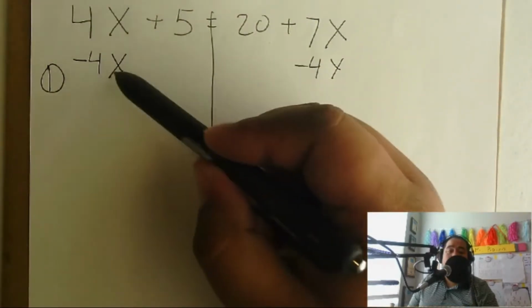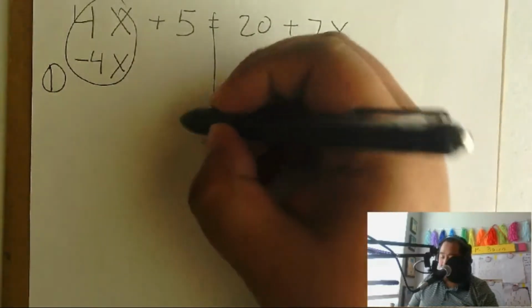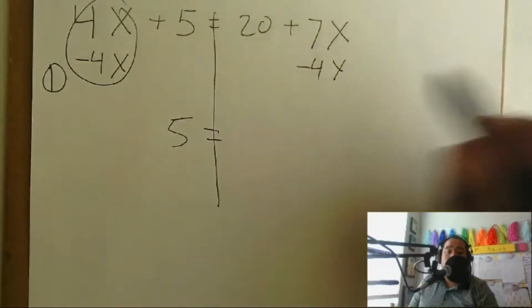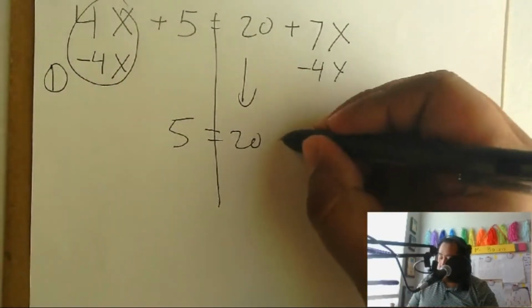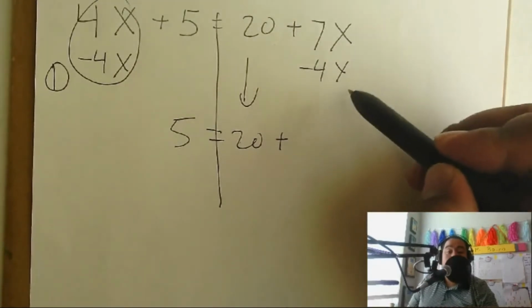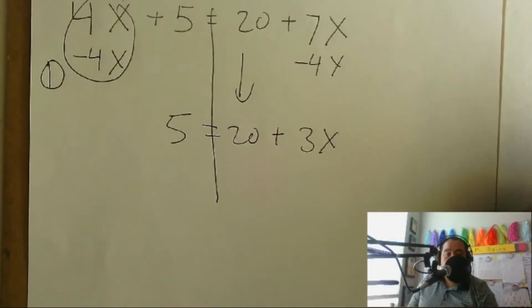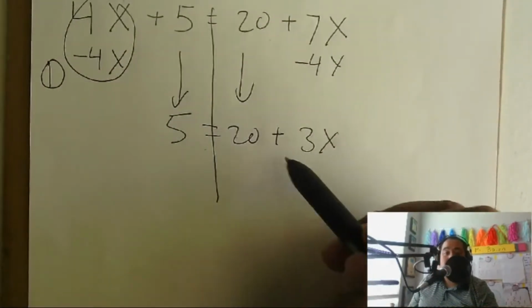So 4x minus 4x goes away to 0, and all I'm going to be left with is a 5 on this side. The 5 is equal to, I'm still going to have that 20, so that comes down, plus 7x minus 4 of those x's leaves me with 3x. So now I have 5 equals 20 plus 3x.